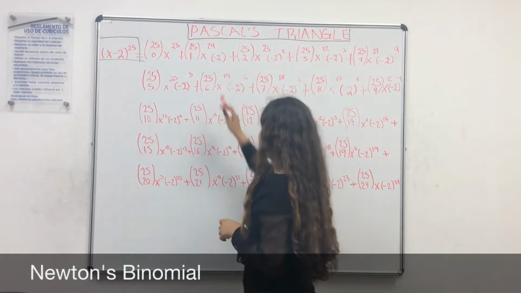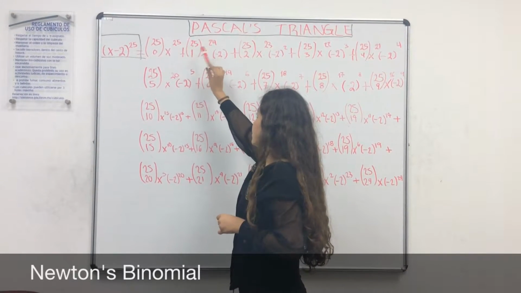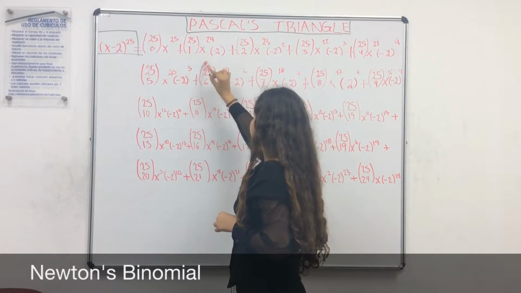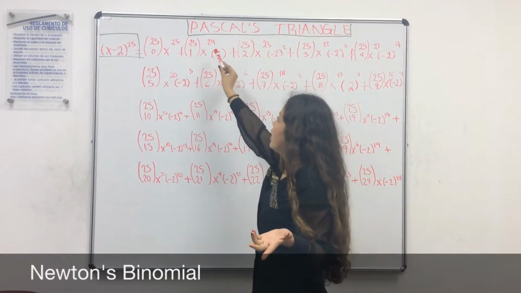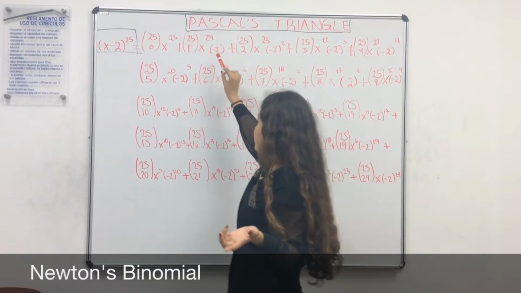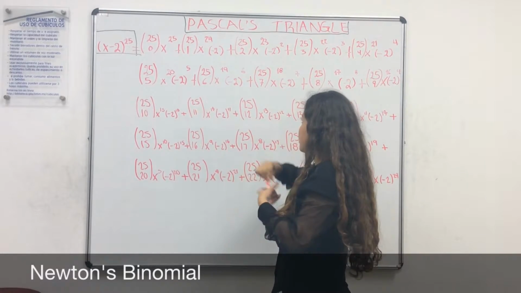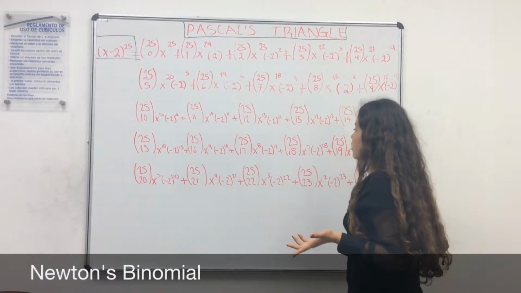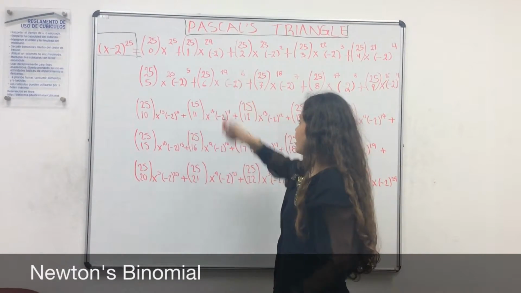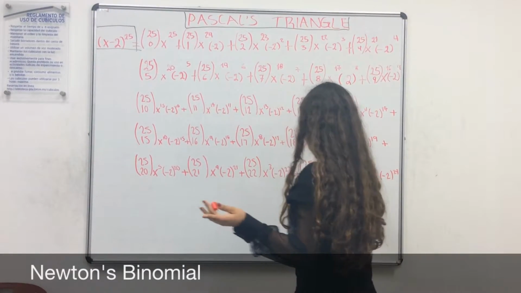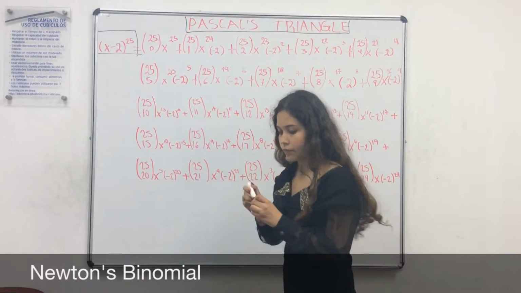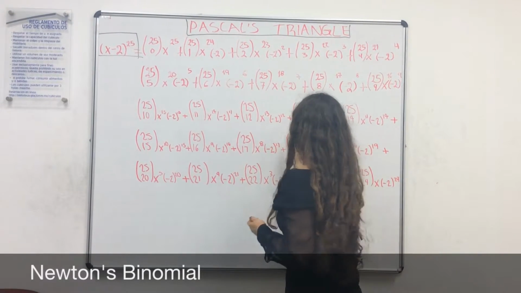And then, as we have the coefficient 25 choose 1, x to the 24, for example, multiplied by minus 2, sorry, it will be multiplied all the time in all our terms. And as you can see, let's have this example.